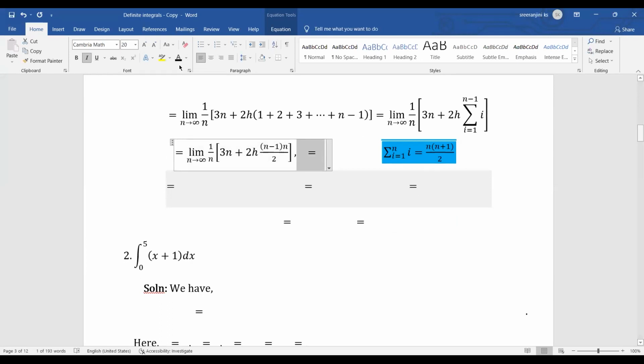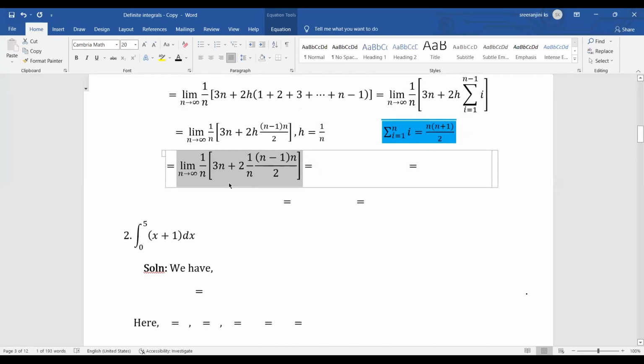And we know that h is equal to 1 by n. Now, how can we apply the limit? I'm replacing h by 1 by n, because h is equal to 1 by n here. So 2 into 1 by n, into n minus 1 into n by 2.